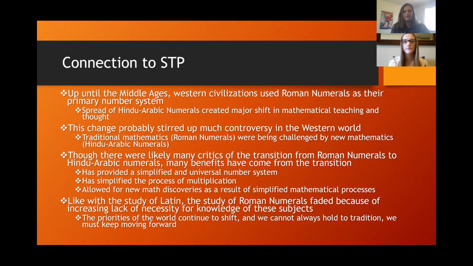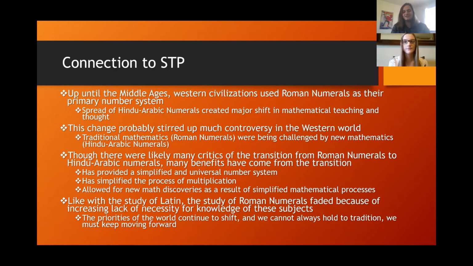It also simplifies the process of multiplication. Since the Roman system is based on adding, there was not really a ton of room for being able to multiply. So it really was one of the major challenges with Roman numeral systems. But with Hindu-Arabic numerals, every number is notated by a specific digit.